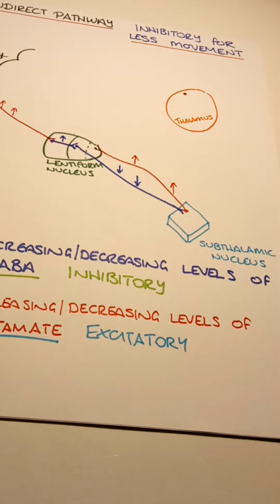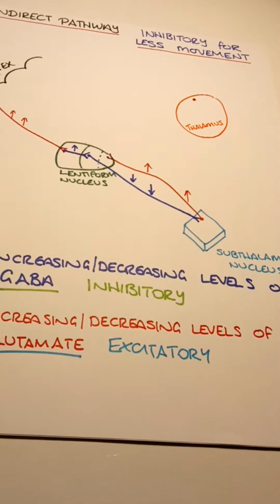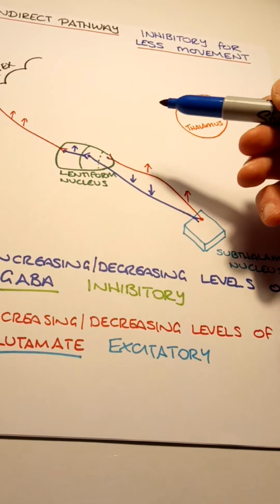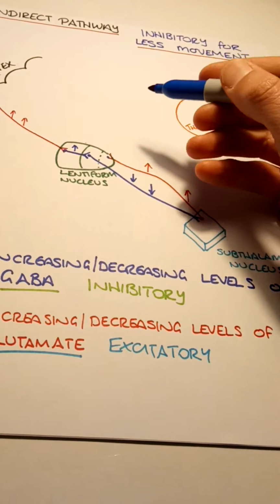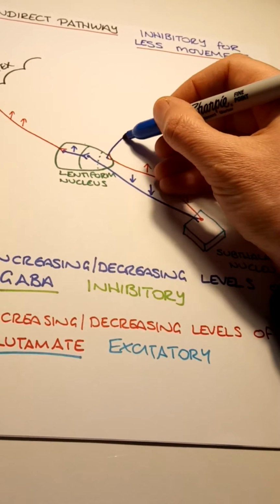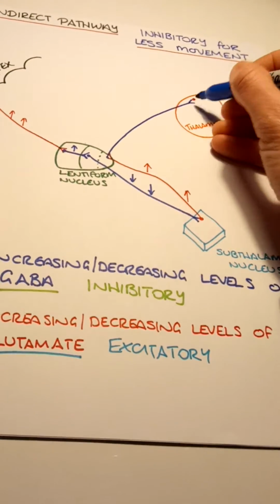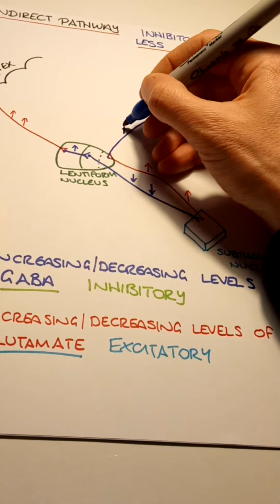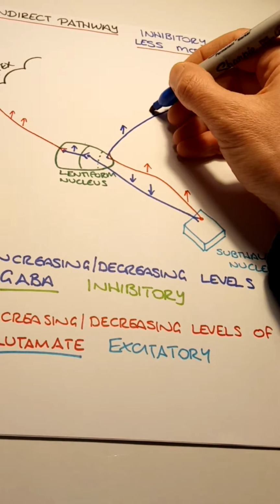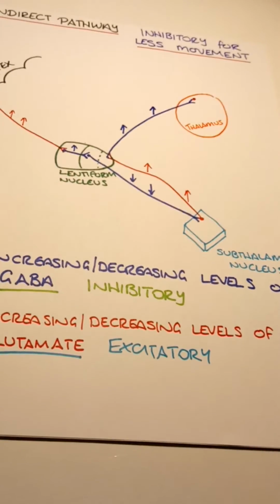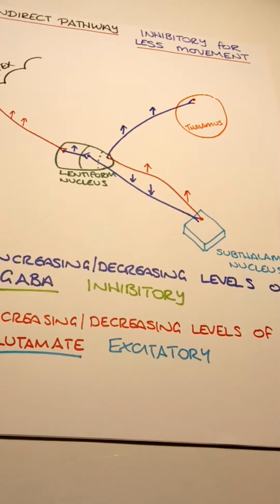Okay, so we want this excitatory glutamate to be released because the next neuron is a GABA releasing neuron. So we are going to be releasing, therefore, increased levels of GABA. So if we have increased levels of GABA, that means more inhibition. And what is the aim of the indirect pathway? Less movement.